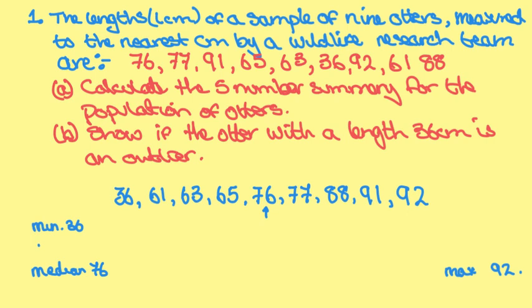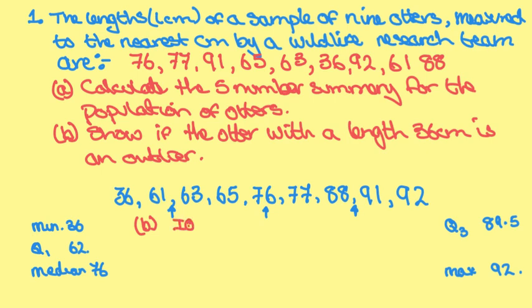So Q1, I want the median of the bottom half, which is halfway between 61 and 63, so that will give me 62. And Q3 is halfway between 88 and 91 in the top half, so Q3 is 89.5.